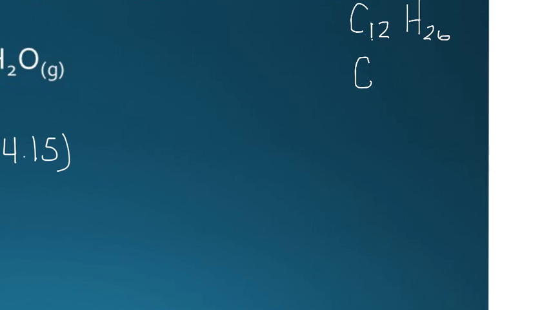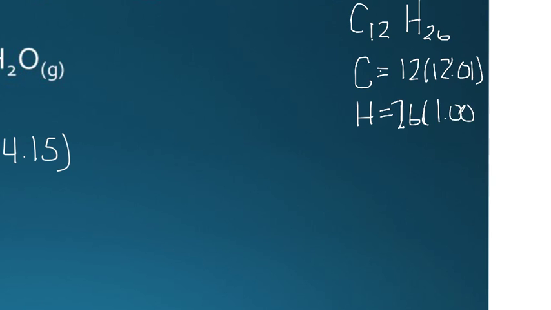So we have C's, and we have H's. The molar mass of carbon is 12.01 grams per mole. The molar mass of hydrogen, for the 26 of them, remember these numbers come from your periodic table, is 1.00. When I do all that math, multiplying and adding, I get 156.12 grams per mole.